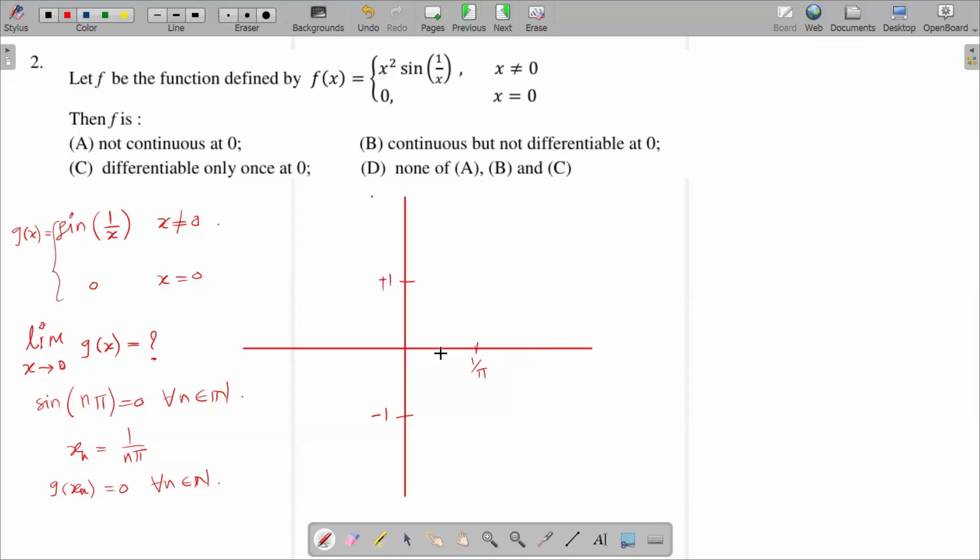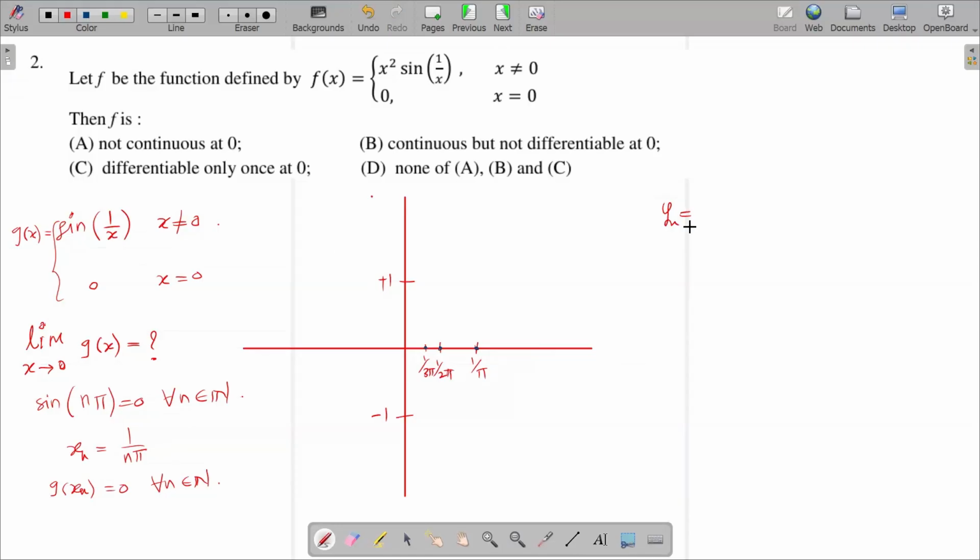I do have 1 by 2 pi. We do have 1 by 3 pi and so on. And at all these points, the function is 0.